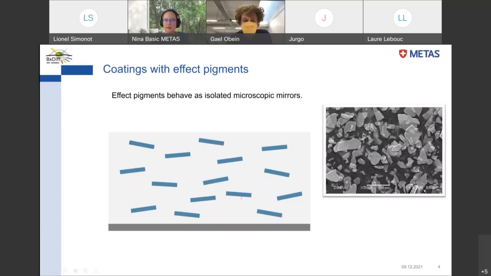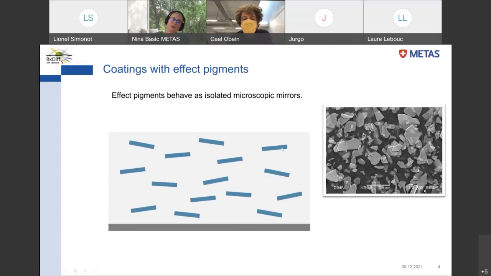Here we have again a simplification of such a coating where we have this binder. These plates are the effect pigments, and then everything is coated on top of a substrate. Here on the right, we see a STEM image of one of these coatings, just for you to have a better understanding of how it looks in real life.